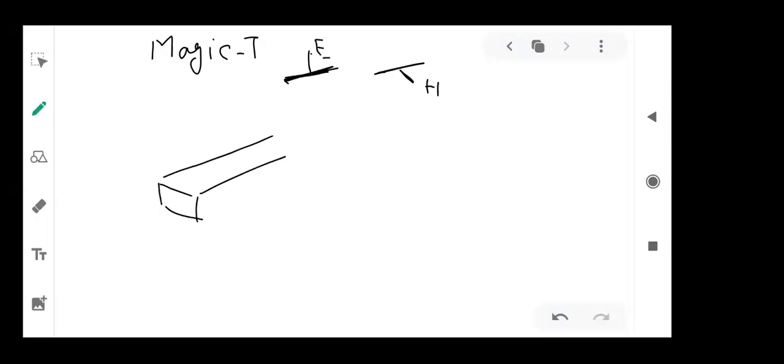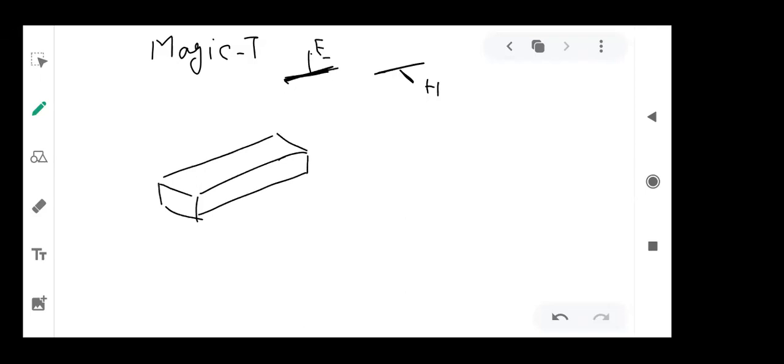I will simply say that this is my E plane T. This is the E arm, and this is the main waveguide. Okay. And when I say that it is the H plane T, it is the main waveguide along with the H arm here. Okay. Now these two are combined. So you can see that the main waveguide remains as it is. Okay. Like this.